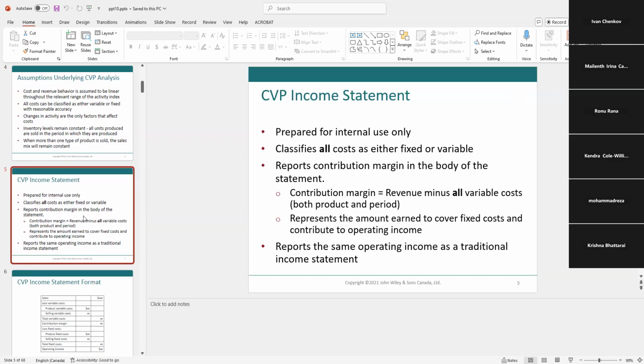That income statement is going to report contribution margin, which represents the sales minus the variable cost. Or in other terms, it's the amount that we need to achieve as a company in order to cover our fixed cost.